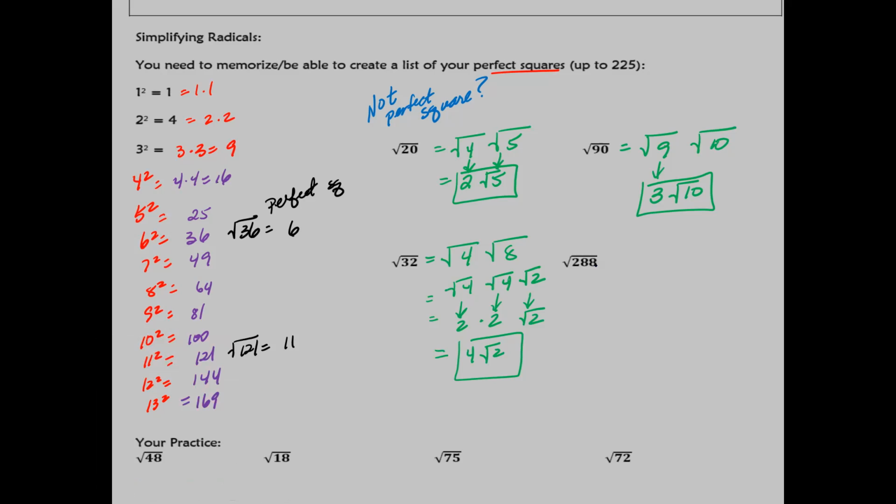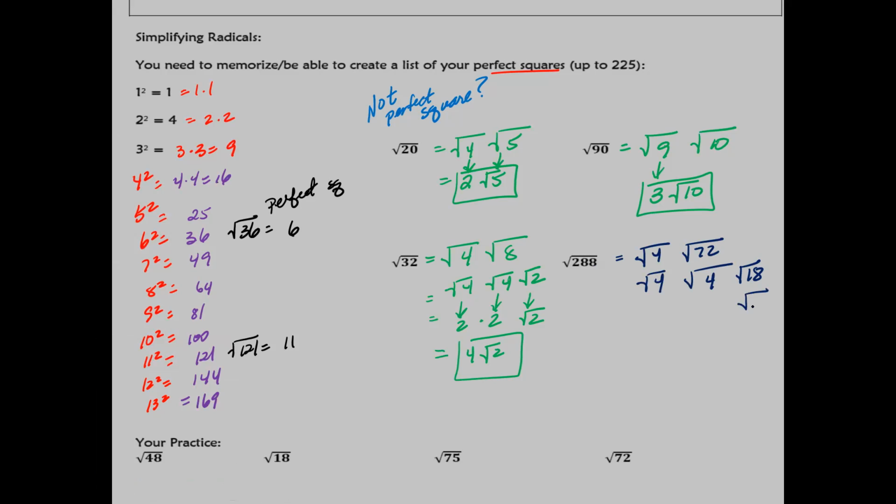Now let's take a look at 288. So this one's a little bit more complicated. I'm going to see if 4 goes into 288, which it does, which gives me a 72. But that 72 can be broken down into a 4 and an 18.